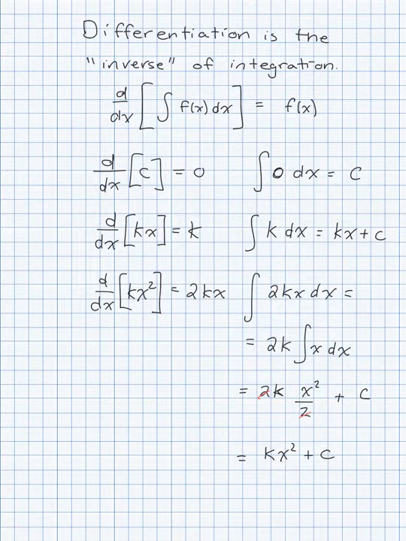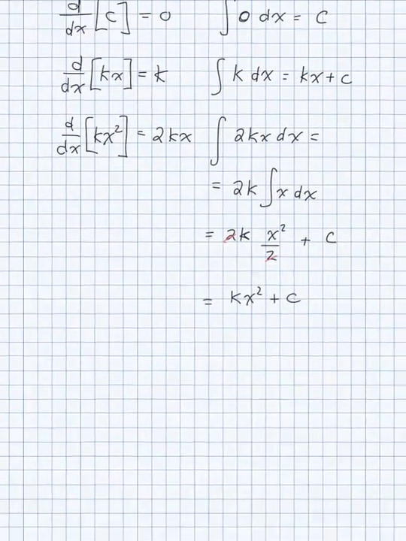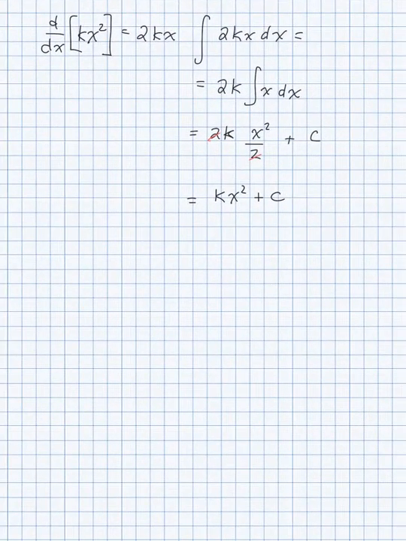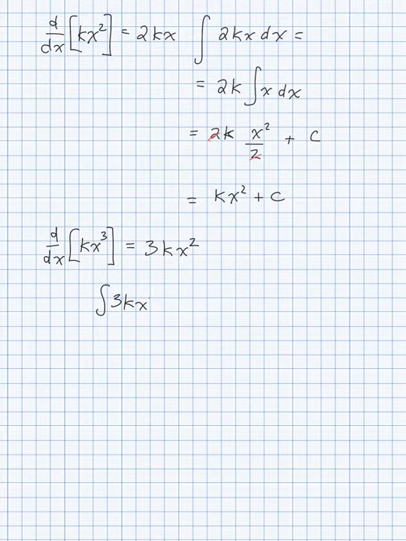If we continue to increase the power terms, we'll see a pattern starting to emerge. For example, the derivative of kx cubed is 3 times kx squared. So if I want to go in the other direction, then I would be integrating 3kx squared dx.